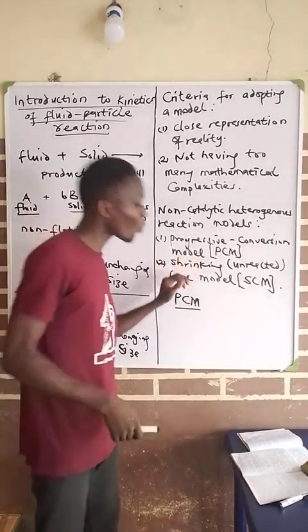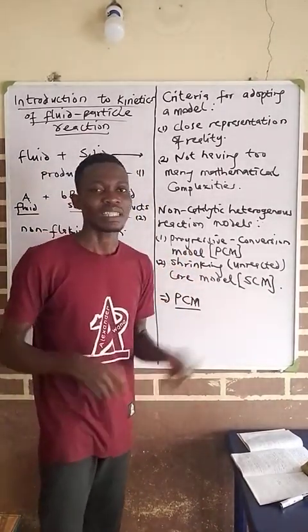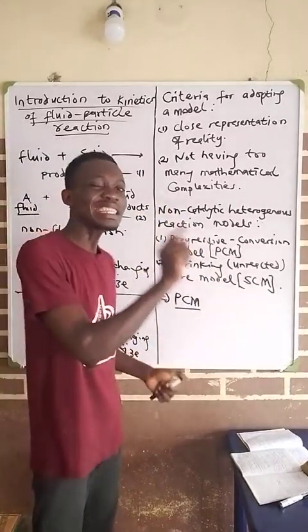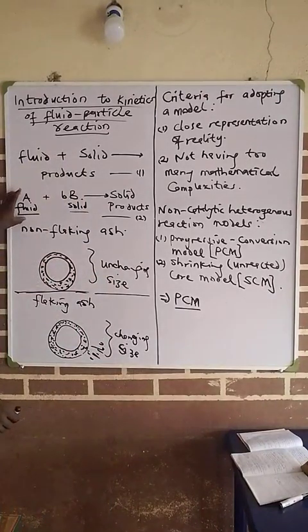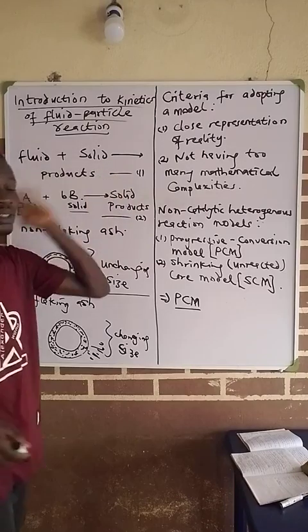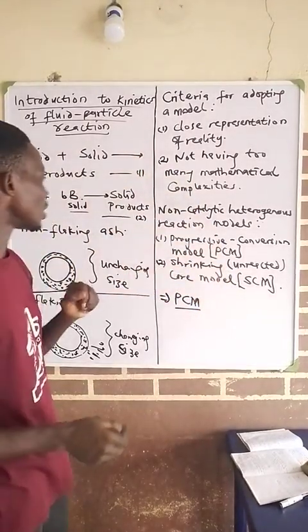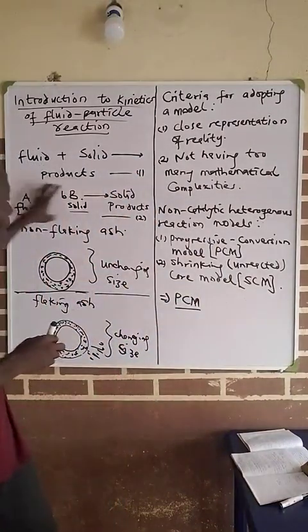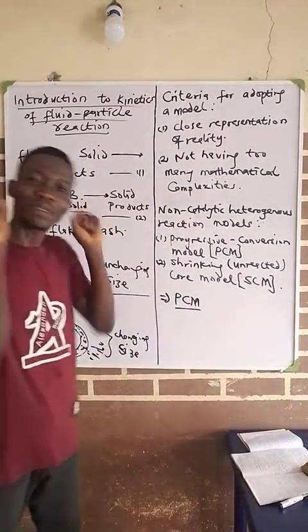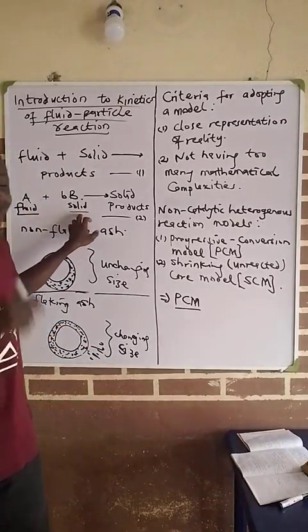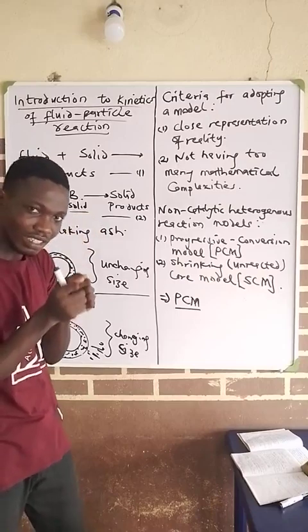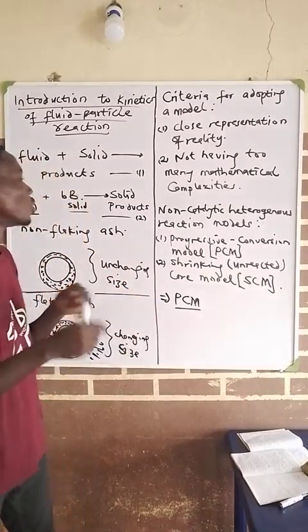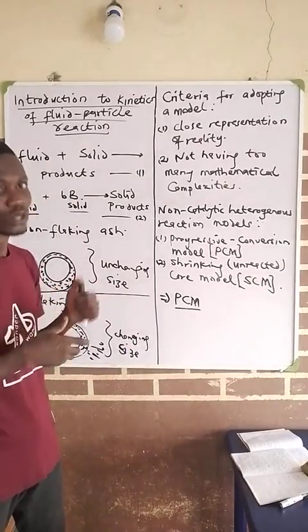For the shrinking core model, at any time where the fluid is reacting with the solid to transform it into the solid product, which is our concern, there is a presence of an unreacted portion of the solid that keeps shrinking throughout the reaction process.